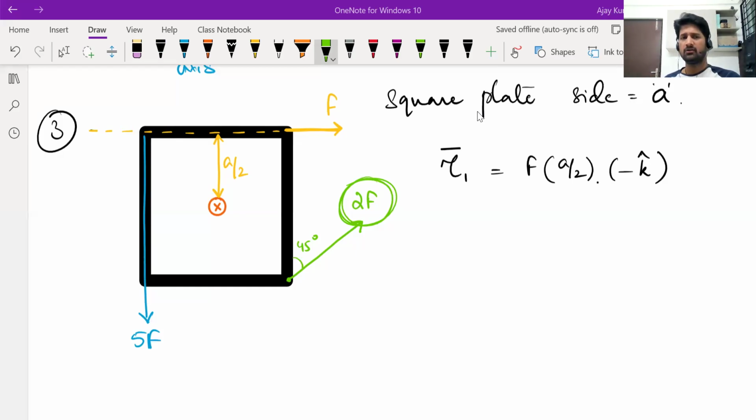R perpendicular is to be drawn from where to where? Force applied to the point of reference. See, you are talking about R vector as it is. Point with respect to which we want the torque to the point where the force is being applied. That is R vector. Fine, you can take that vector. It will be like this.